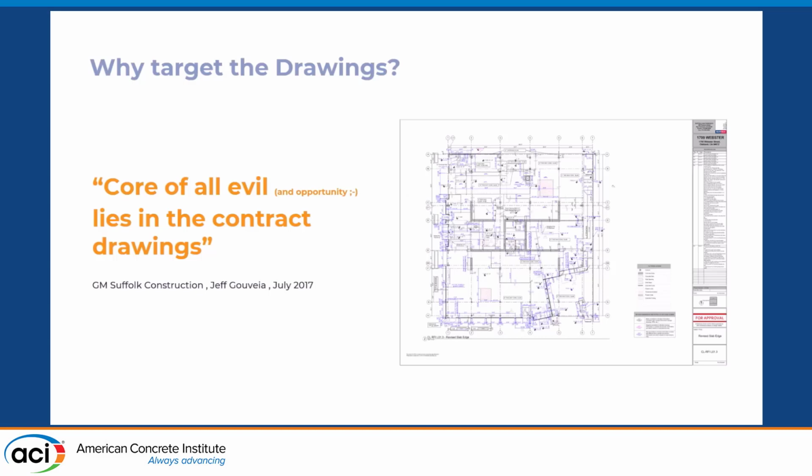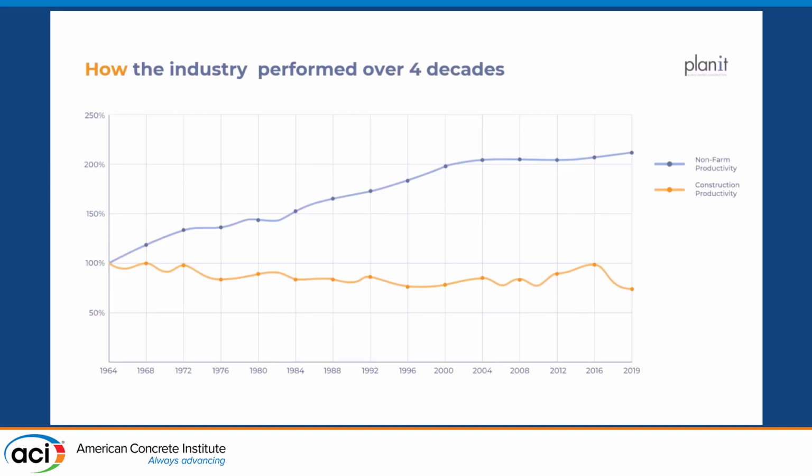And as I promised, we will talk about the results, and we have some studies that we did with our clients. This is a graph that Carrie already showed, and I always have it in my standard presentations when we implement the process. I'm not using it to explain the problem that we have in the industry. This is the productivity of the construction industry compared to the non-farm industries.